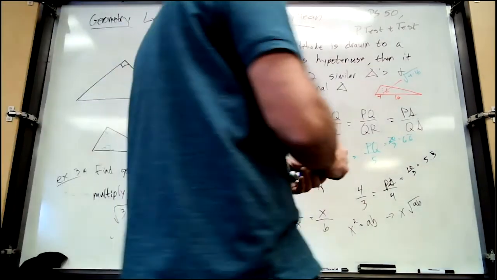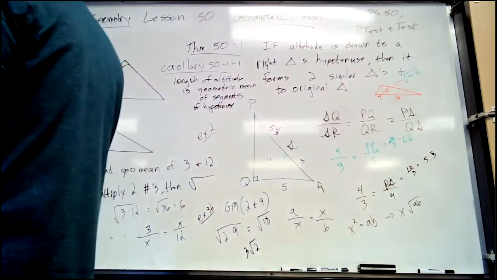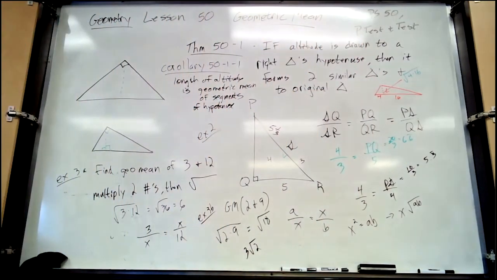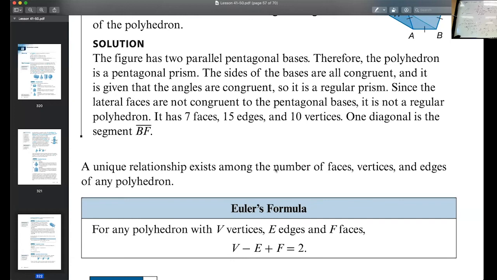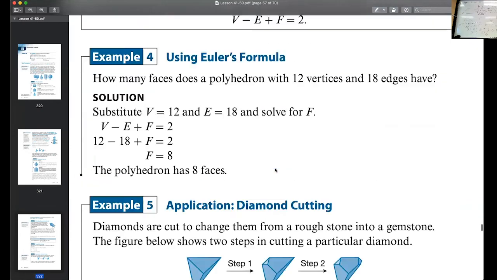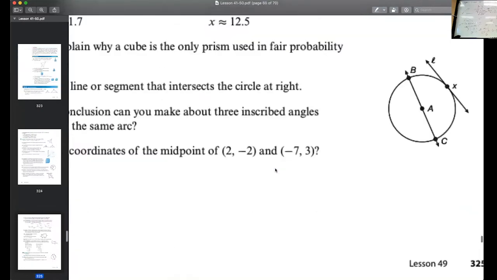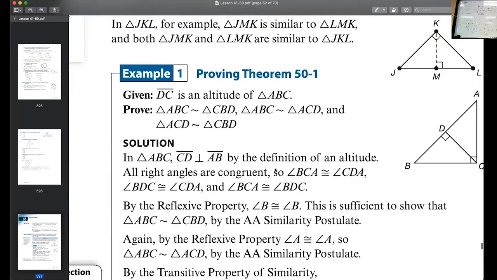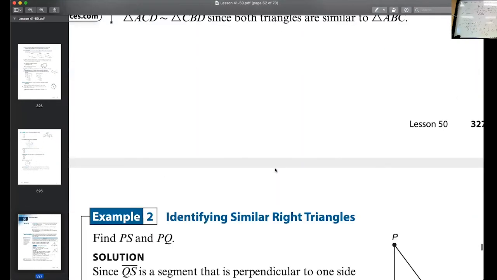Corollary 5.1.2 is a little confusing, so I'll let you write it down if you like, but don't stress too much about this. Here's corollary 5.1.2.